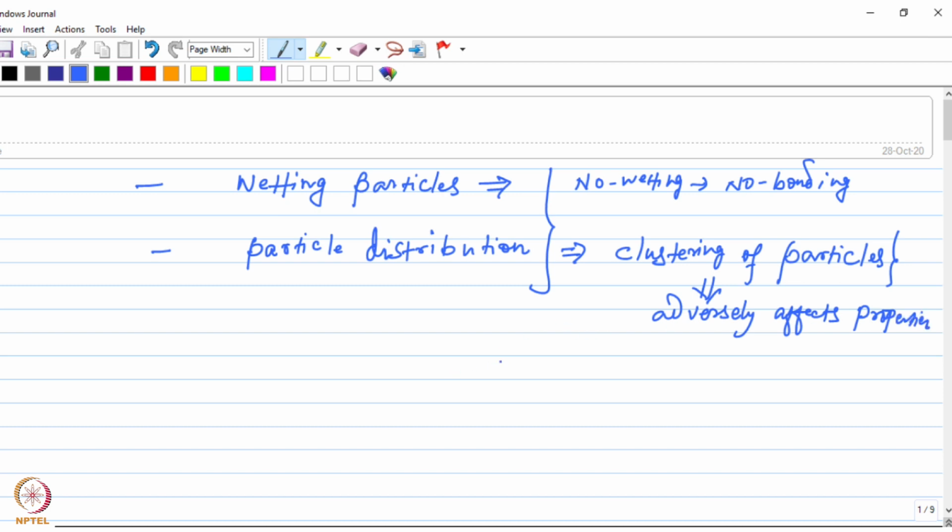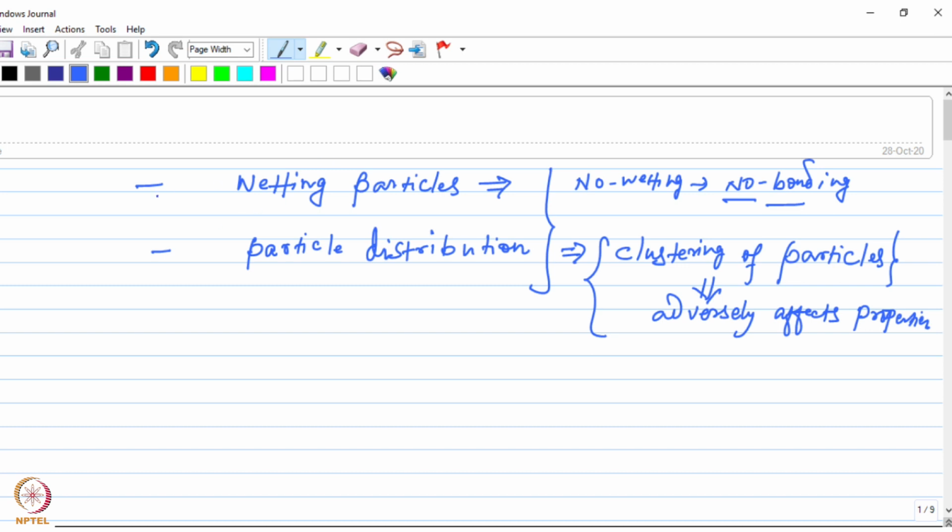So we need a composite where there will be good bonding between the particles and the matrix, and the particles will be uniformly distributed. Then only you can expect to get all the advantages of a composite material, such as high strength, high hardness, wear resistance, and so on. Okay.